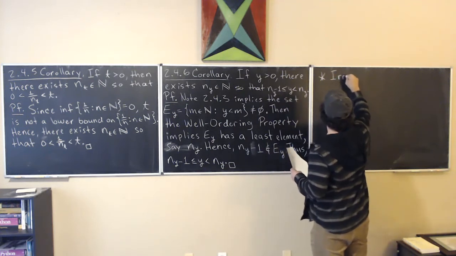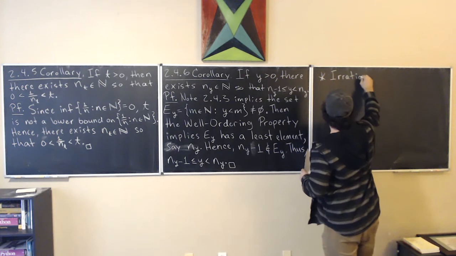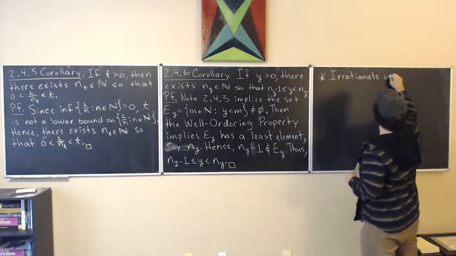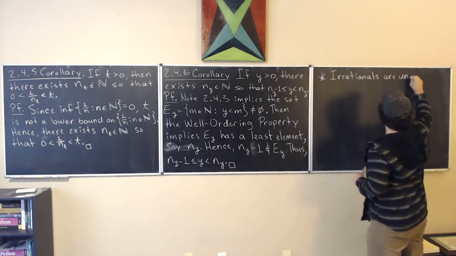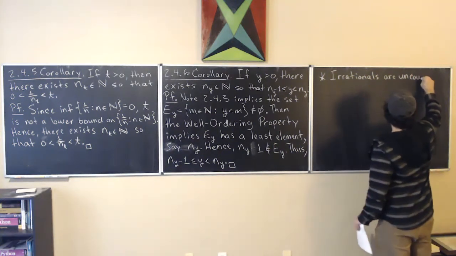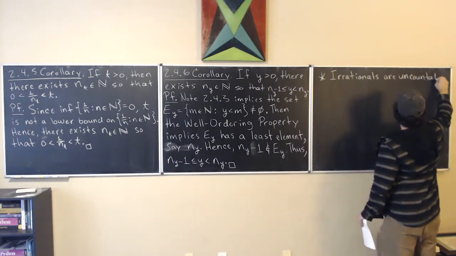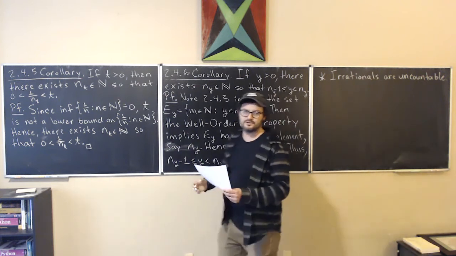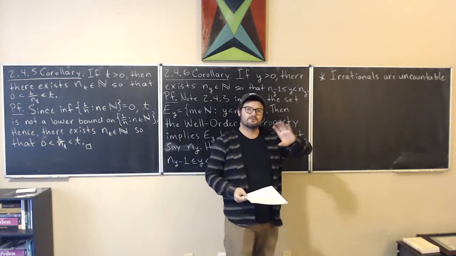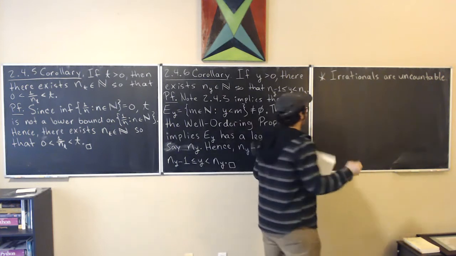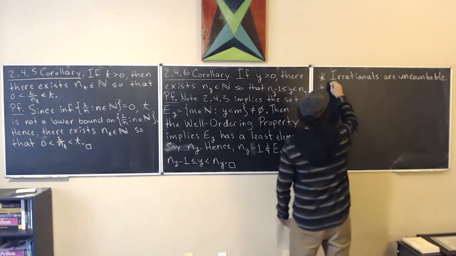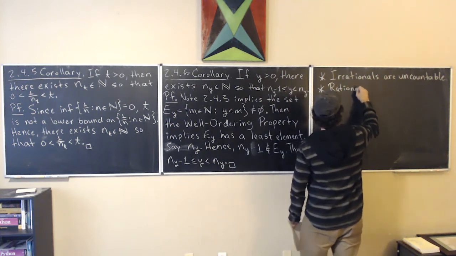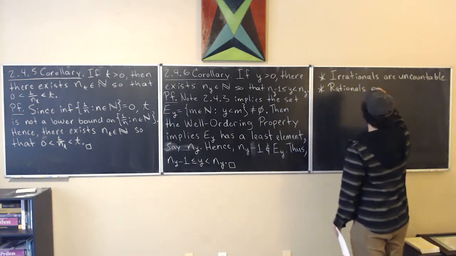The irrational numbers are uncountable. There is no one-to-one correspondence, no bijection from the irrational numbers to the natural numbers. But the rational numbers are countable.